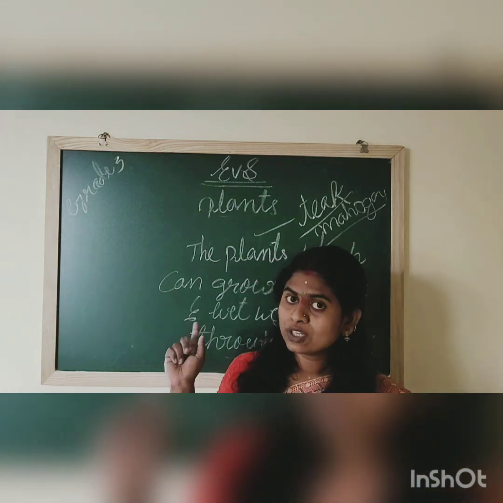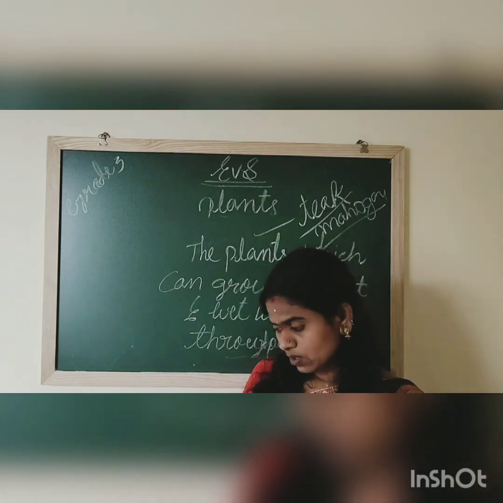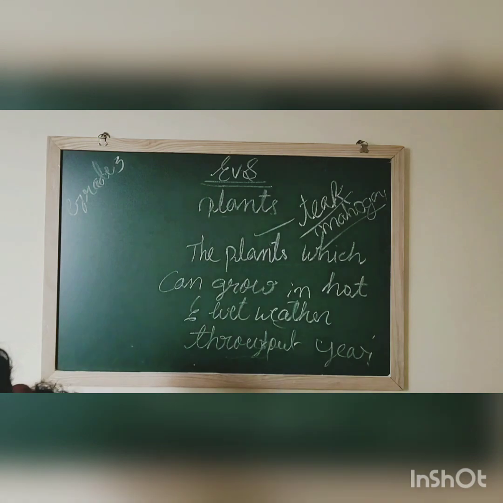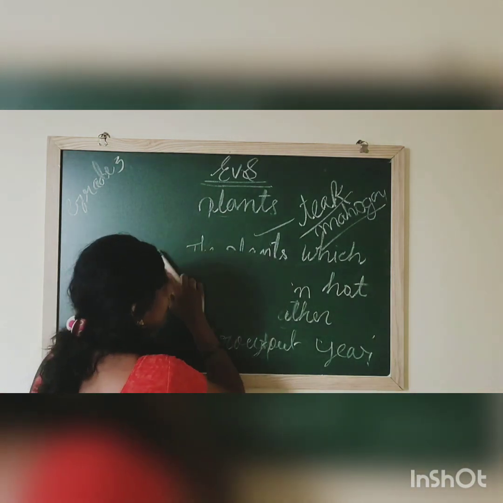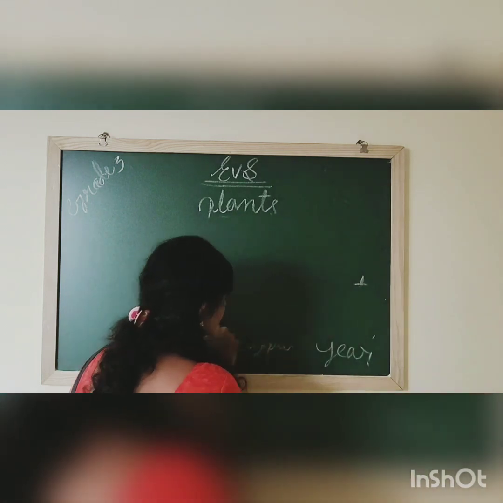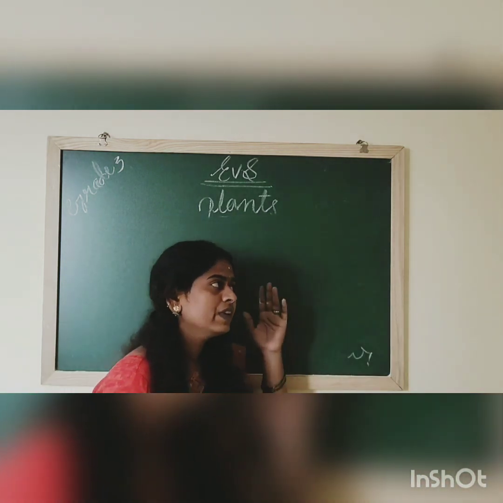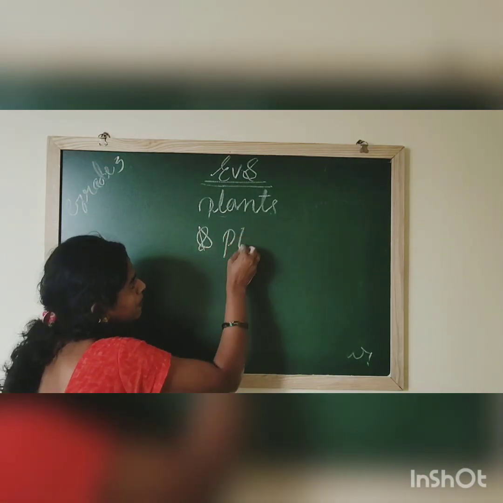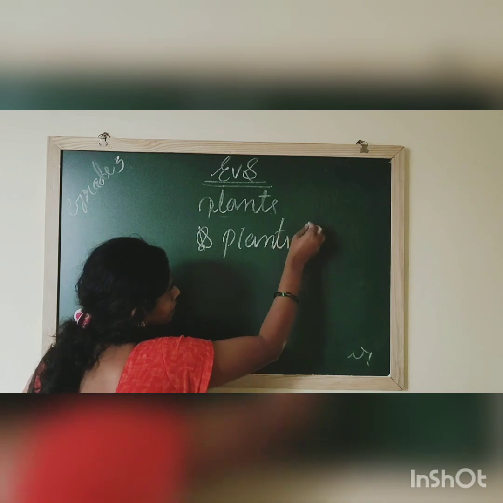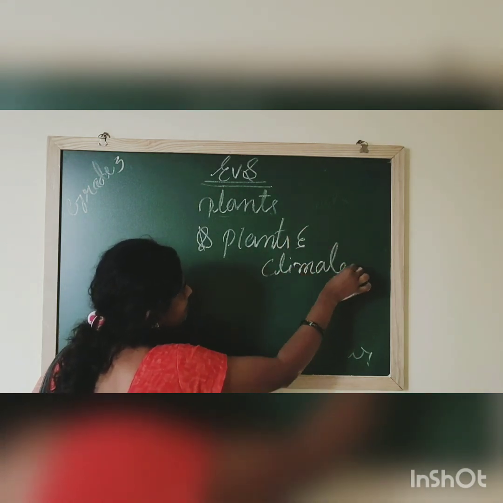Children, go through this video once again and learn the important points that we have learned in today's session. I will recall the points one by one. In today's session, we have learned about the kinds of plants and their climate.